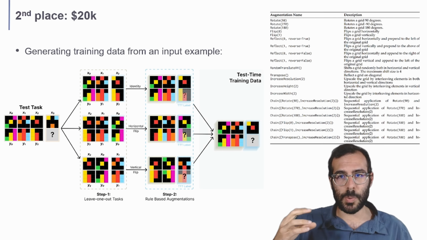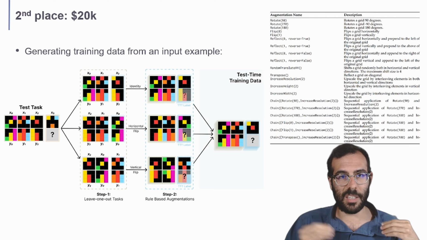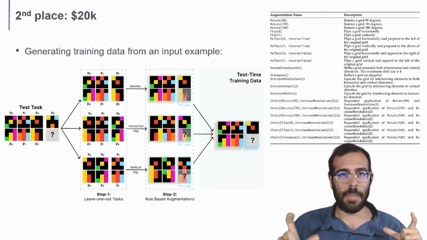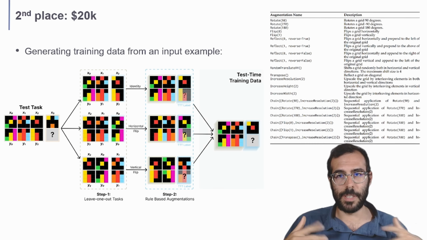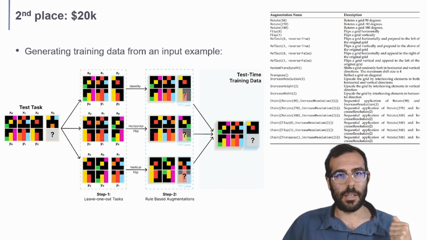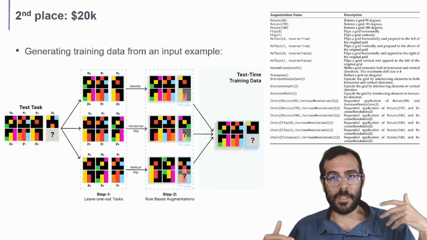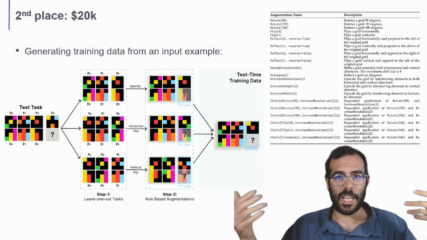You expand each one of these. You generate a bunch of other tasks given each one of these leave one out tasks by using these rule-based augmentations. And these are essentially transformations of the grids such that if you transform both the input and the output, then the transformation that solves the task is likely to generate for the transformed input the transformed output.